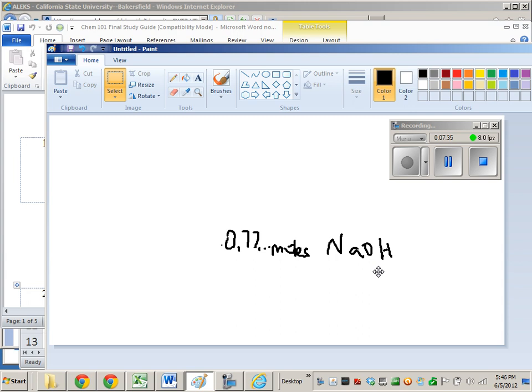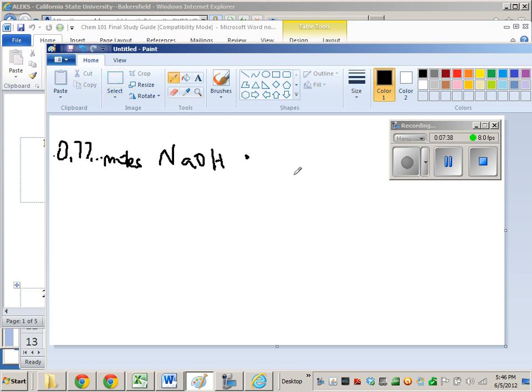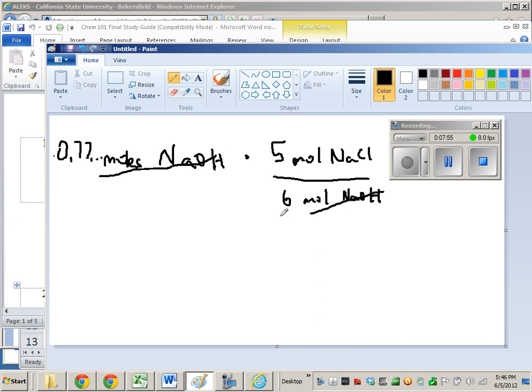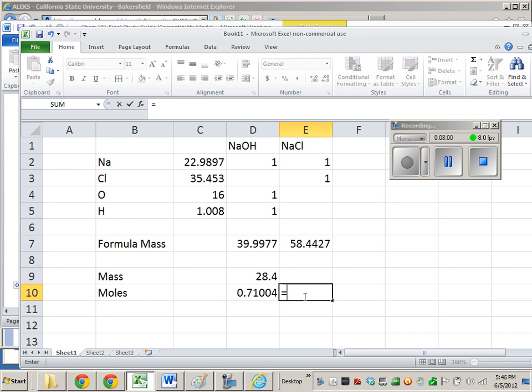If we take the moles NaOH and multiply it by 5 moles NaCl over 6 moles NaOH, we'll cancel moles NaOH and be left with moles NaCl. So I'm going to multiply moles NaOH by 5 and divide by 6. That's just what I did, but in Excel. And I get 0.5917 and some change moles of NaCl.